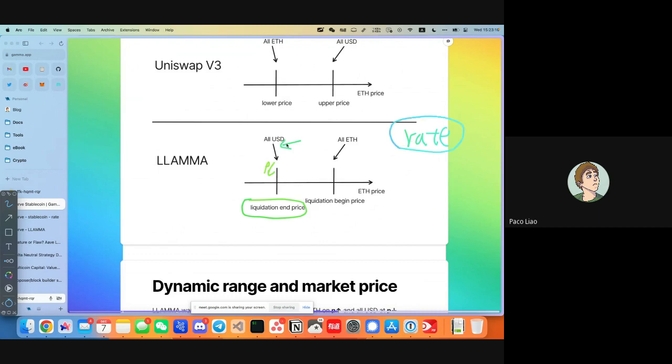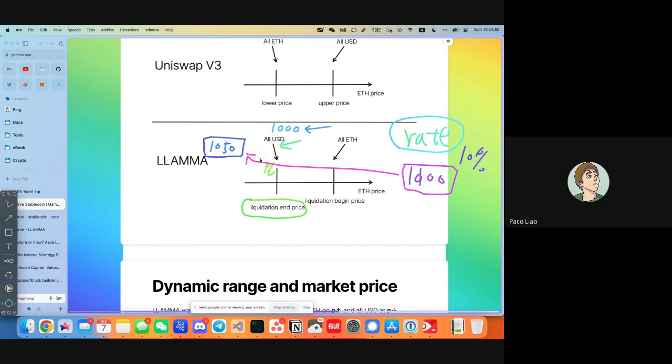So maybe we set P down at $1,000. So when the ETH price goes to $1,000, all your ETH will be converted to USD. Let's say you will get 1,050 USD. And if the rate is too high, maybe 10%, after a year, your debt maybe will be 1,100. So your debt will be greater than this USD amount.